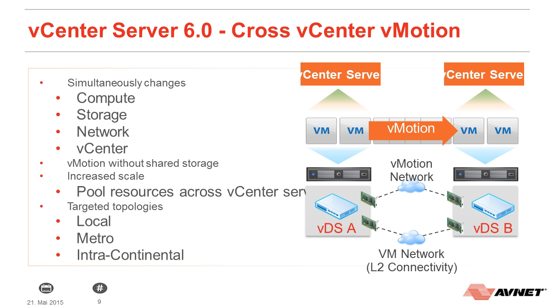So this gives us the ability to change the target compute, storage, network, and the vCenter that's responsible for managing the virtual machine, all during the single vMotion action. Depending on your use case, we can see this happening in a local data center, where we might be moving a virtual machine from one rack environment to another.